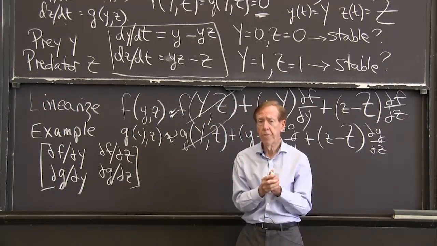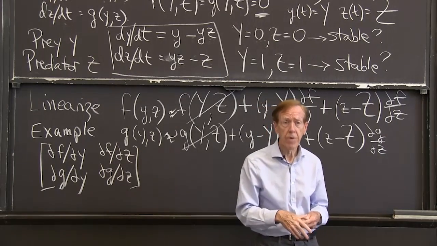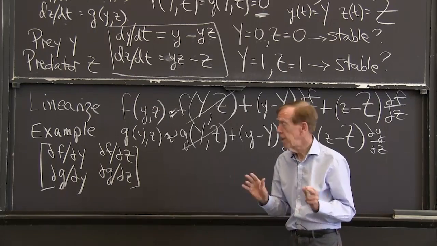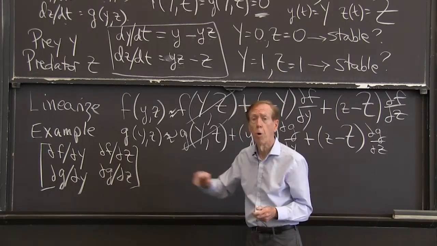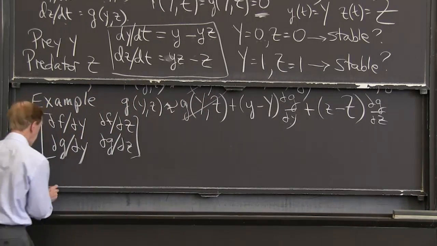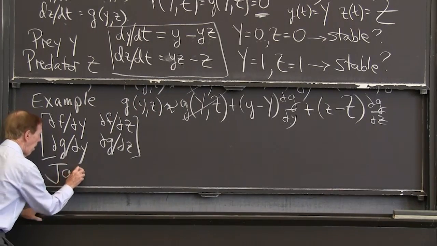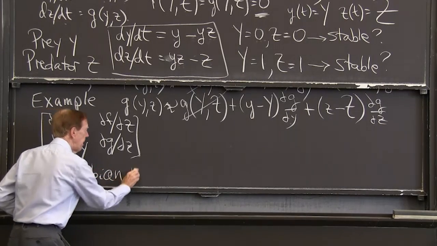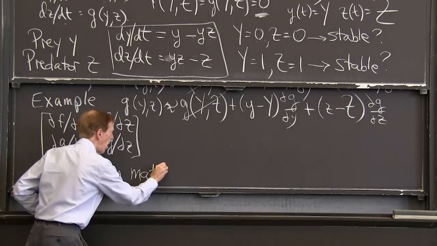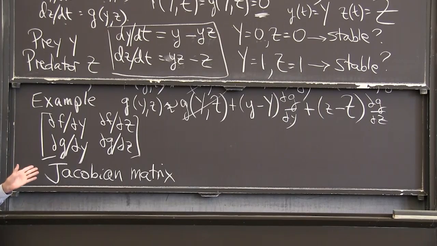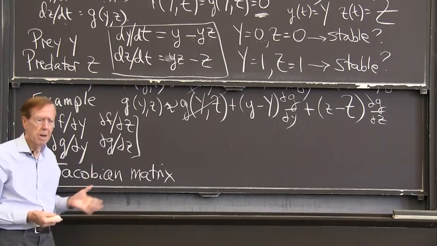It's always named after Jacobi, who studied these first, so it's called the Jacobian matrix. Maybe I put his name to give him credit, Jacobi. And its determinant is important. It's a very important matrix. Important in economics.